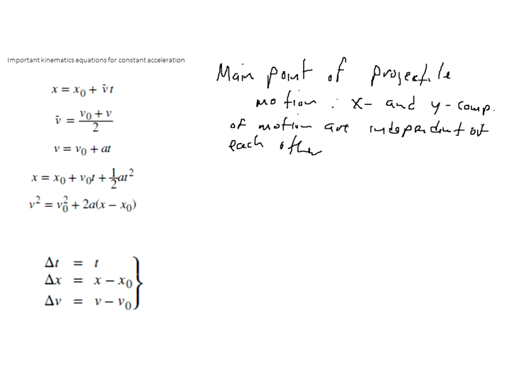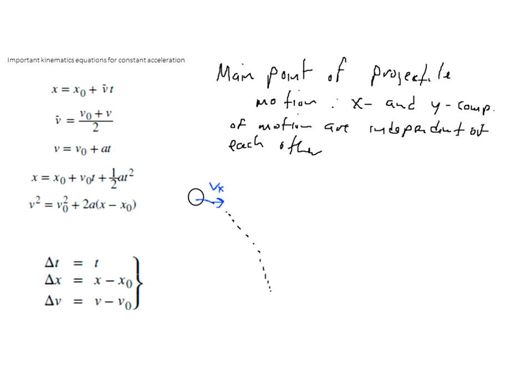So if I toss a ball and it follows some sort of a downward path like that, it initially has some sort of a velocity in the x direction.